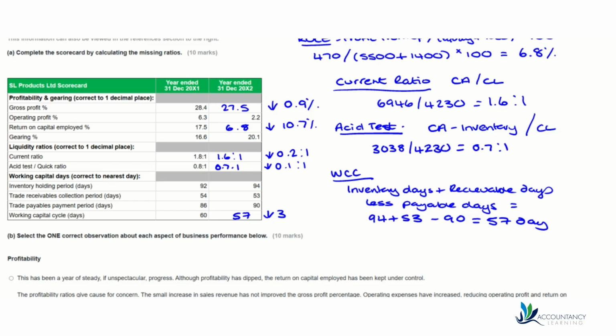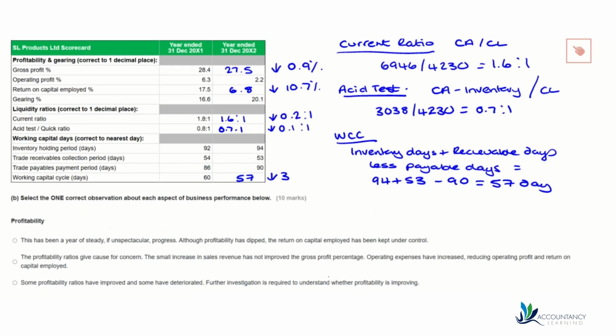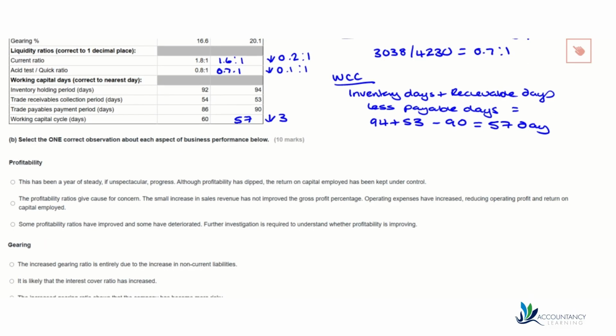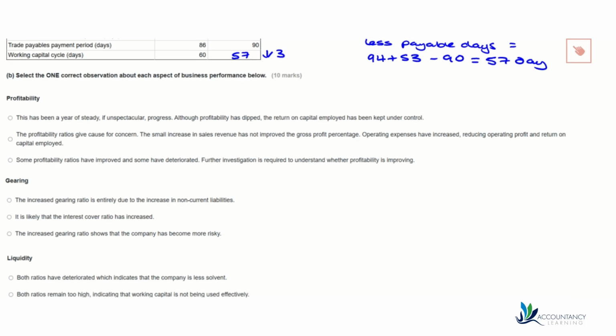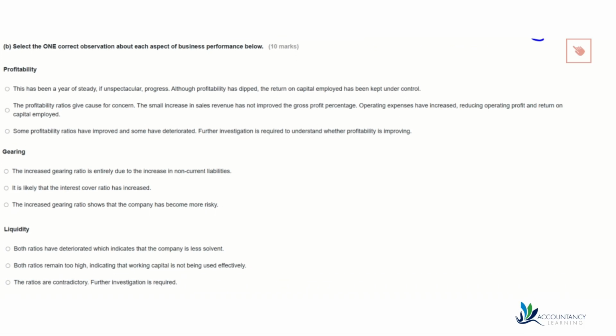And the final part of this question is to select the correct observations about each aspect of the business performance. So starting off with profitability, we need to decide whether it's one of the three. The first one being this has been a steady year, if unspectacular progress. Although profitability has dipped, the return on capital employed has been kept under control.